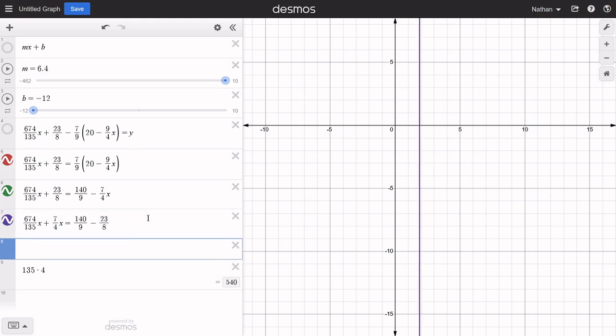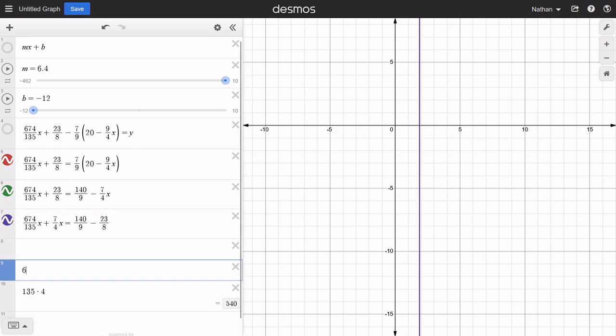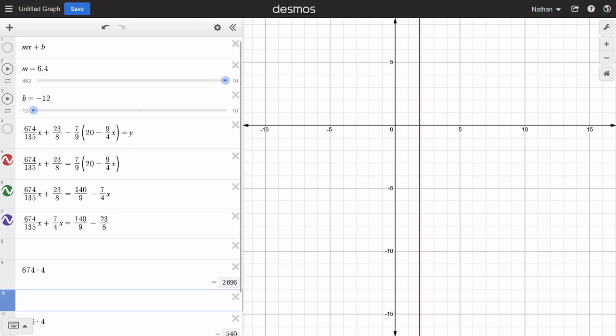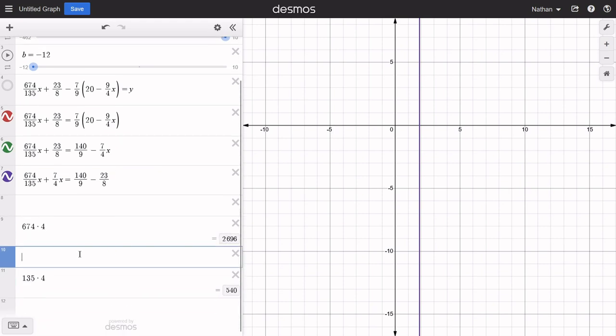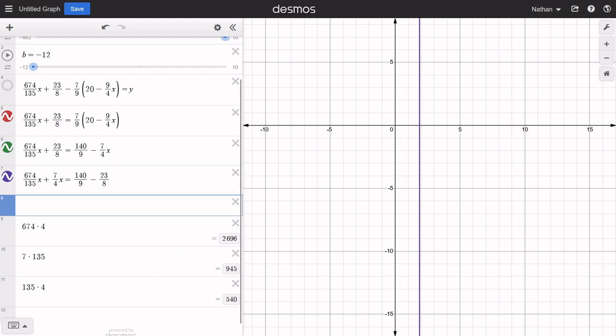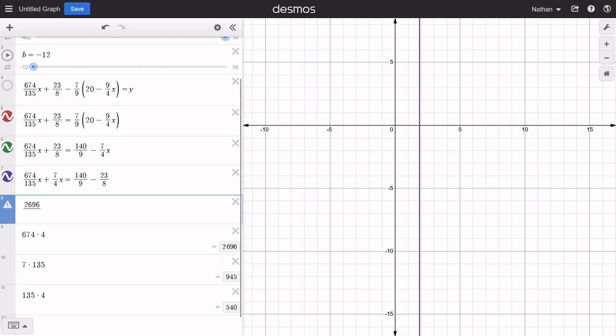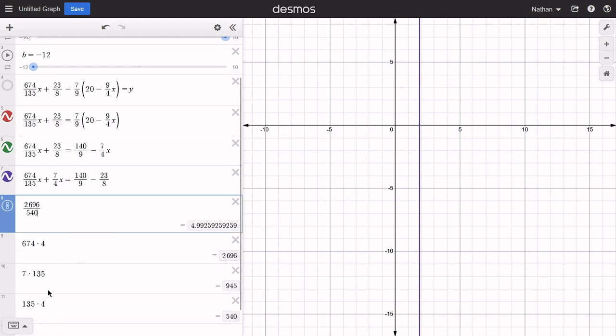So doing that, I'm going to get, we do 674 times 4, and then 7 times 135. Okay, so 674 times 4 is 2696. Oh, oops. 2696 over 135 times 4 is 540, as I have down here in this first spot.